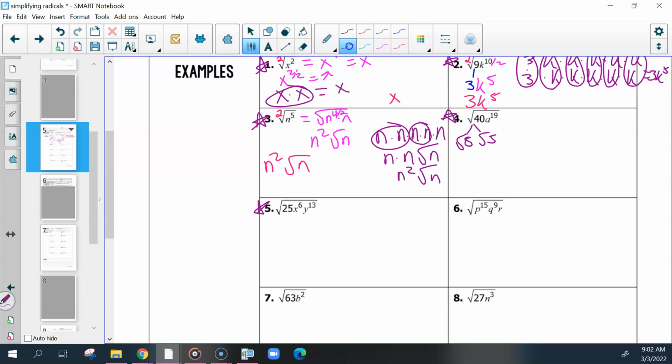Oh, 8's not a perfect square. 4 is. So 4 and 10. Square root of 4 is what? 2.